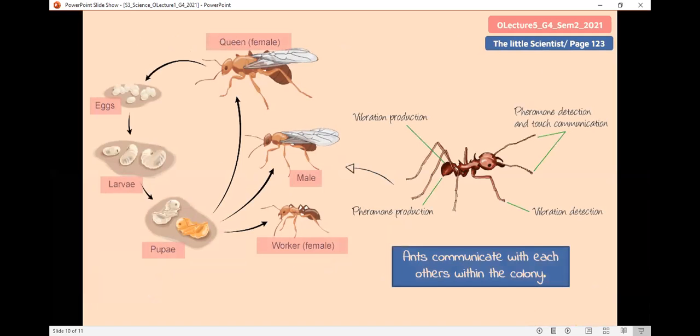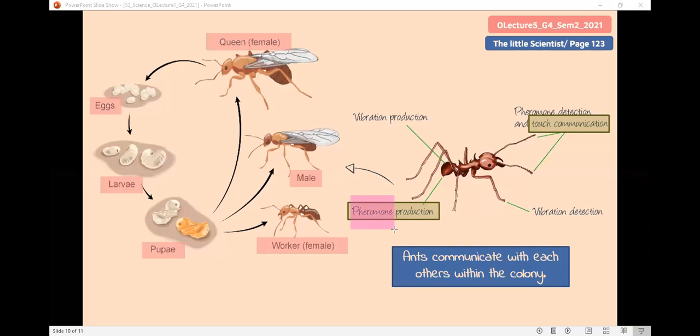Ants live together, so they need to talk with each other. How do they talk? They rub their antennae against each other, so by touch communication. Or they release chemicals called pheromones.